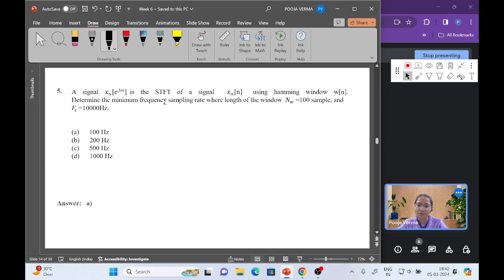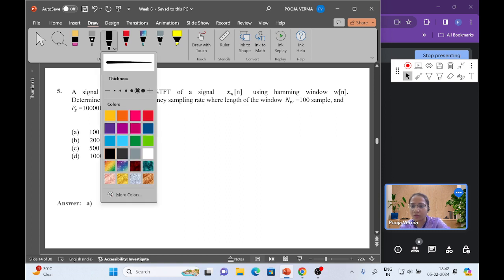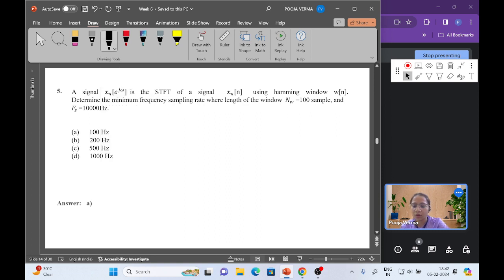Determine the minimum frequency sampling rate where the length of the window w of n is equal to 100 samples and f s is 10,000 hertz. Okay, so how will we solve this question? So already you know the minimum sampling rate.